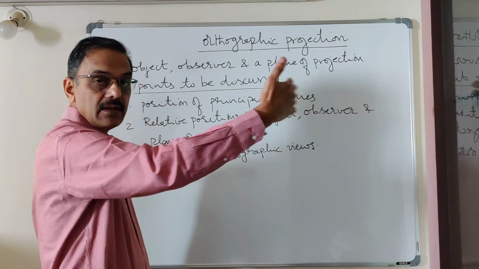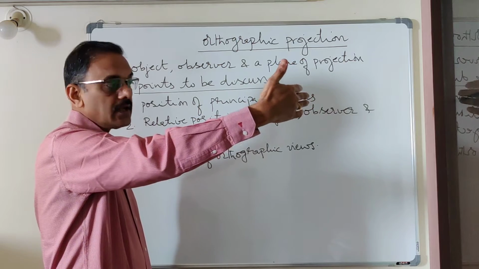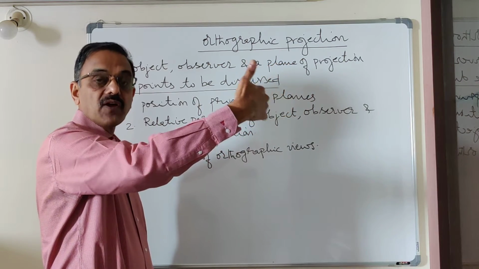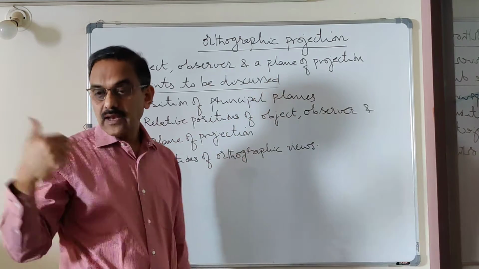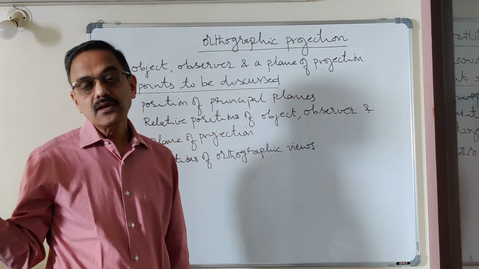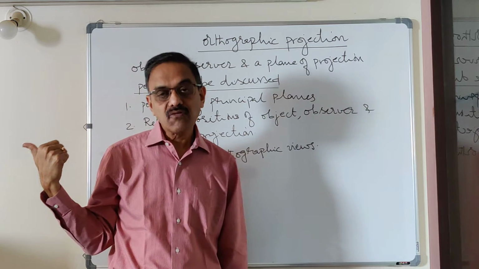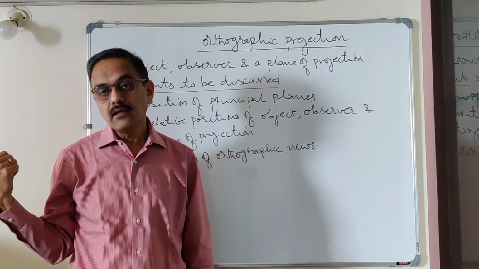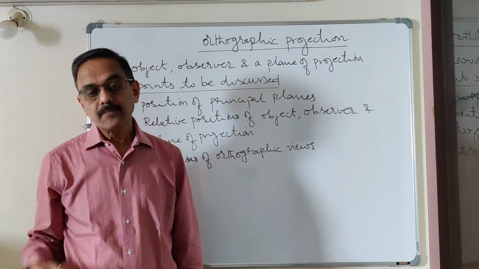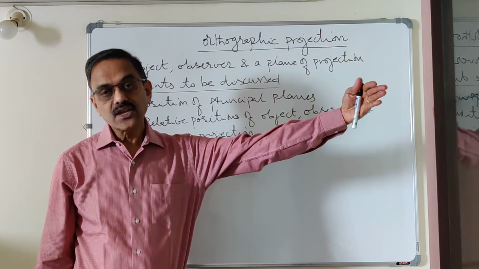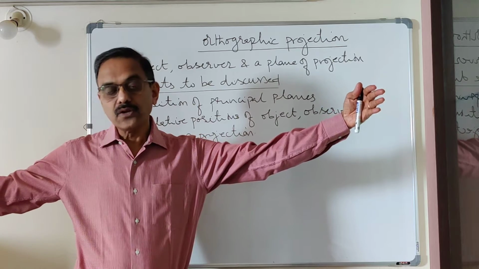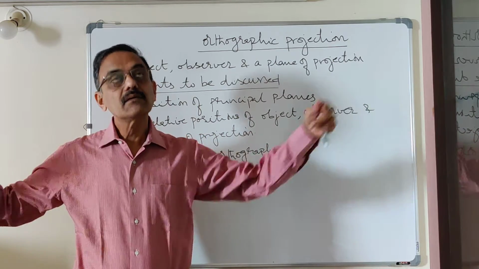On this side you have the right wall, which can be considered as a profile plane or the side plane. Similarly, on the left you have another wall, which can also be considered as a profile plane or left plane. So this is the right wall or the right side plane. This is the left wall, the left side plane.